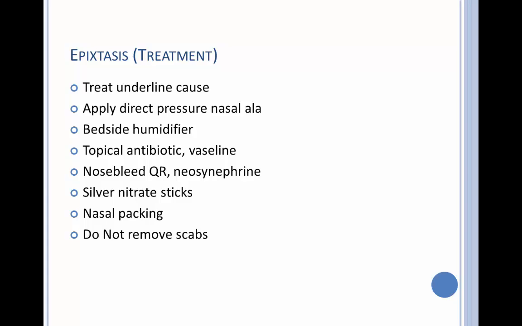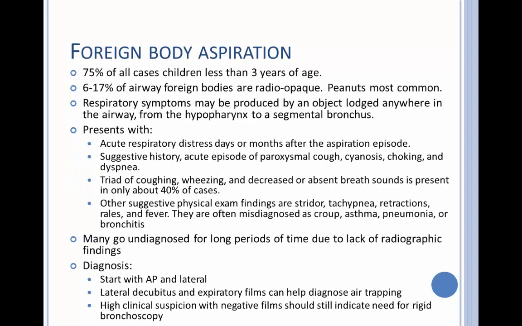Try not to use neosynephrine or nose bleed QR, because it stops the bleeding, but can give you vasoconstriction and hypertension if it's absorbed systemically. Other methods could be a silver nitrate stick or nasal packing. Teach the parent not to remove the scab, because that could lead to constant bleeding.